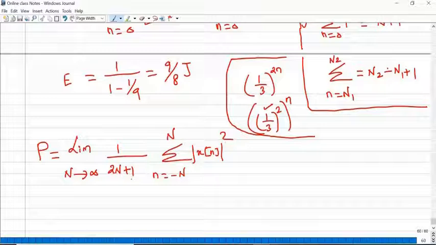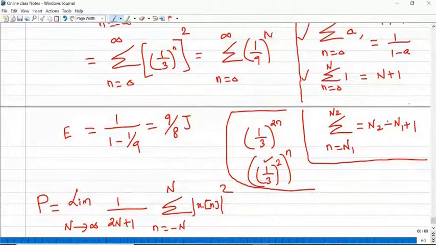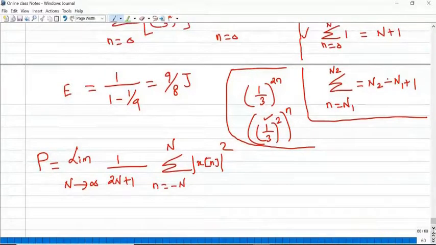At the final step, we check whether this 2n plus 1 term is cancelling or not. So when this 2n plus 1 term will cancel based on this formula, the summation result must be available in the form of 2n plus 1 and some data. Okay. So we'll see some example later.